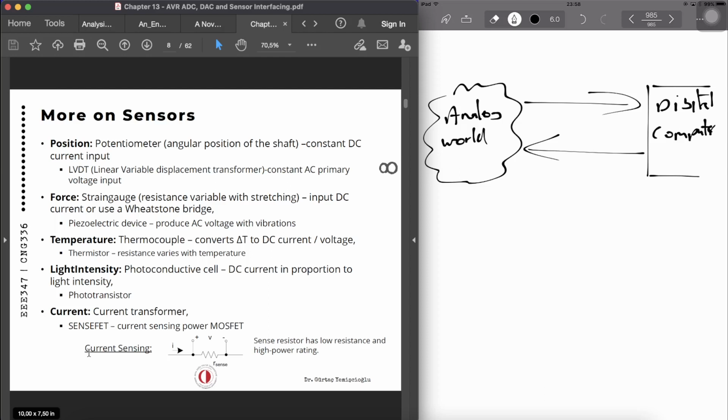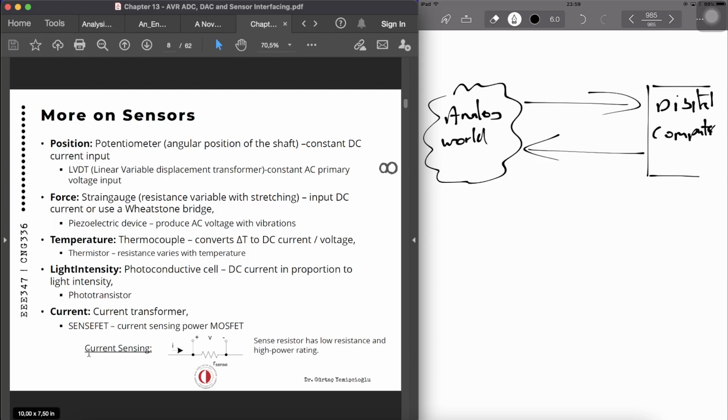Position sensors generally use potentiometers, based on the angular position of the shaft, with a constant DC current input. Or a force strain gauge, which is a resistance that varies with stretching.